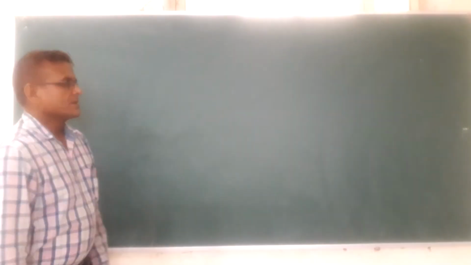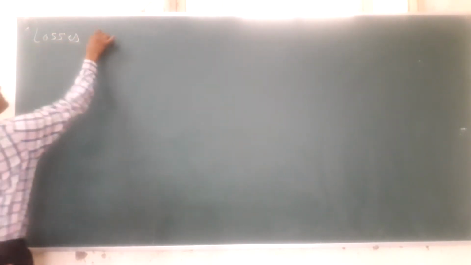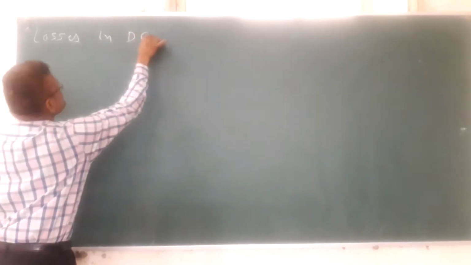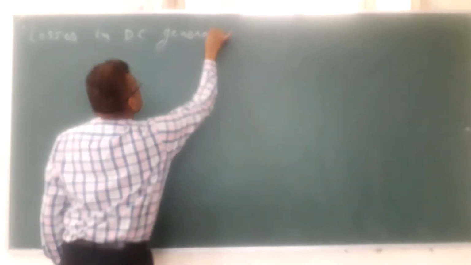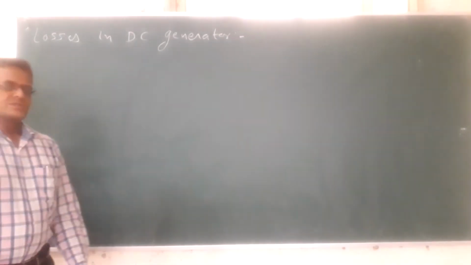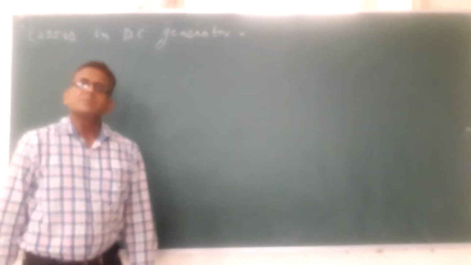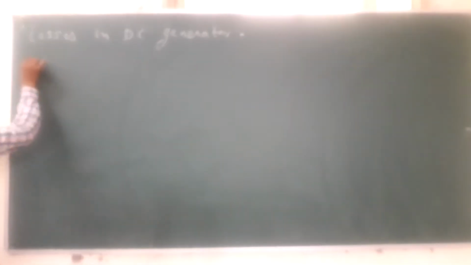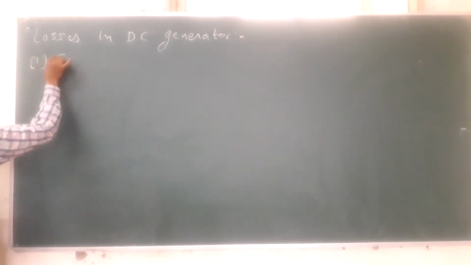Today in this lecture, we will discuss the various losses in DC generator. The various losses in DC generator can be divided into three parts. First is copper losses.